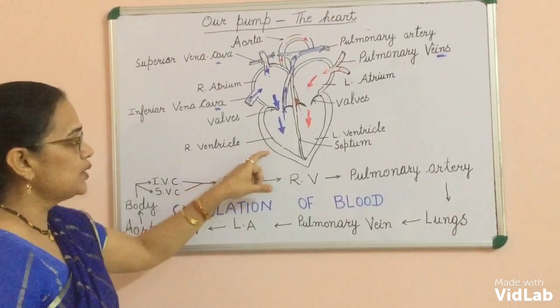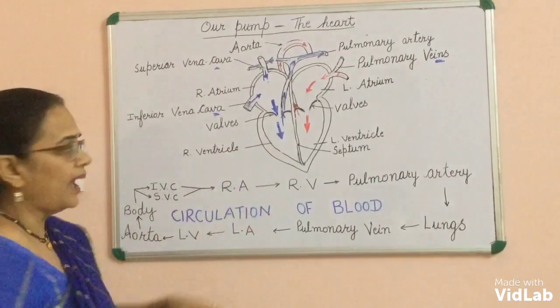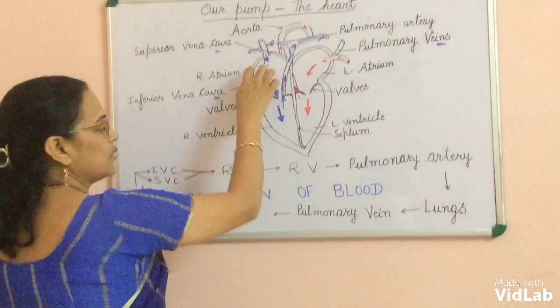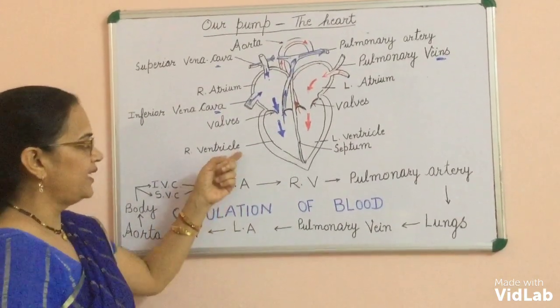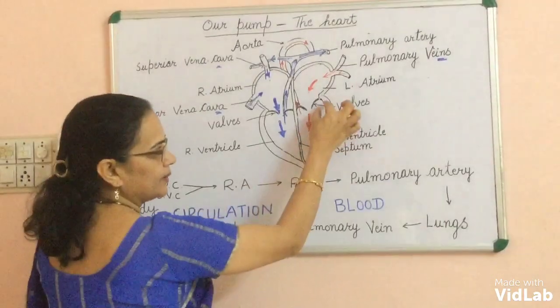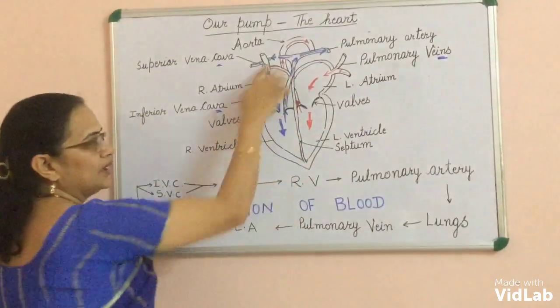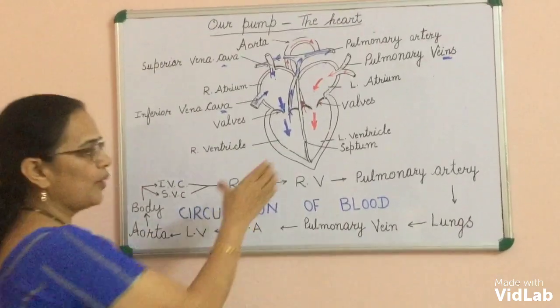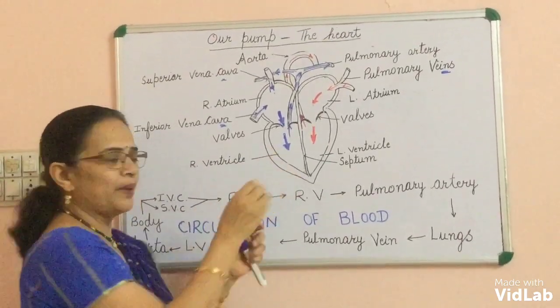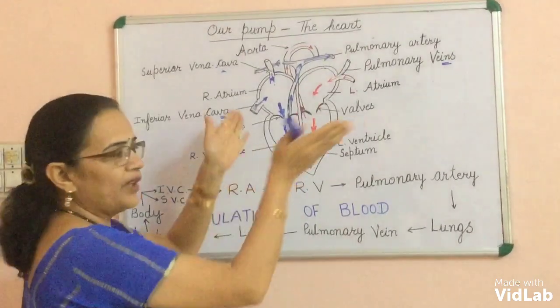Why are the walls of the ventricle thicker as compared to the walls of the atrium? Reason: because from the ventricle they have to pump blood to the far away organs.